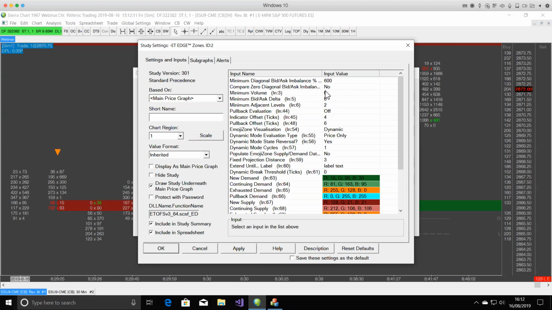Minimum volume is how much volume we want to see within the imbalance side. So if I set this to 100, this imbalance of 68 contracts should disappear, as it does. So what we're saying here is the minimum amount of aggressive trading, market orders, that we actually want within the imbalance volume in order to count it as an imbalance.